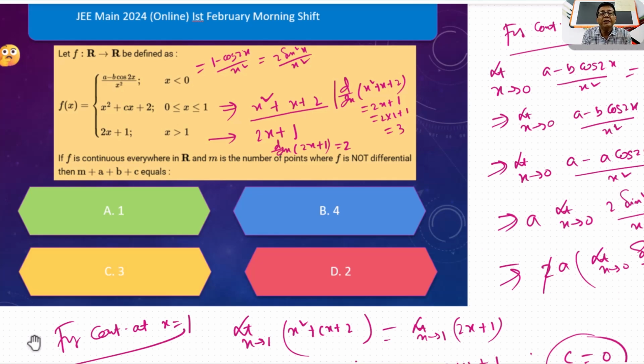But the left hand derivative, when you calculate, is going to be undefined, because of x square.